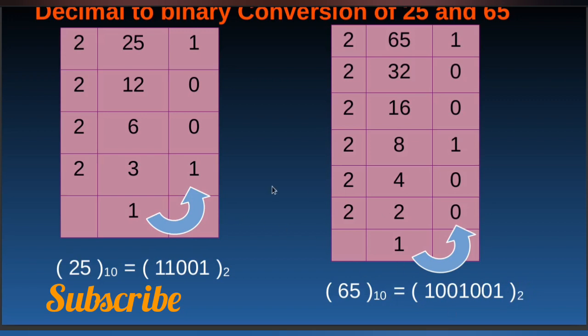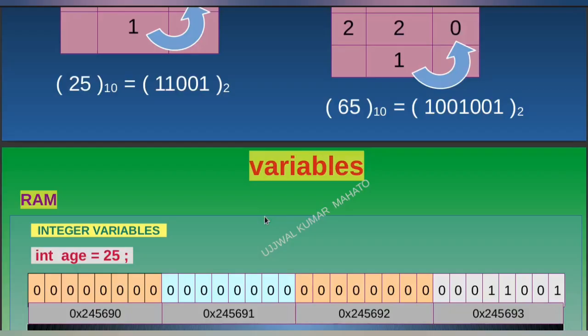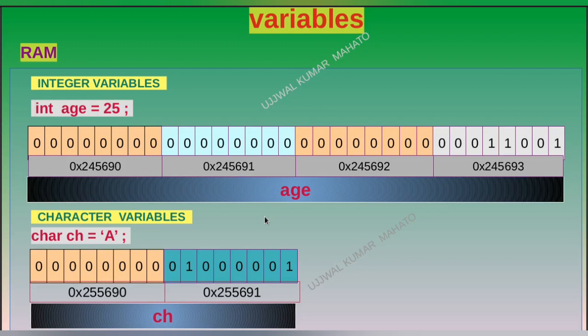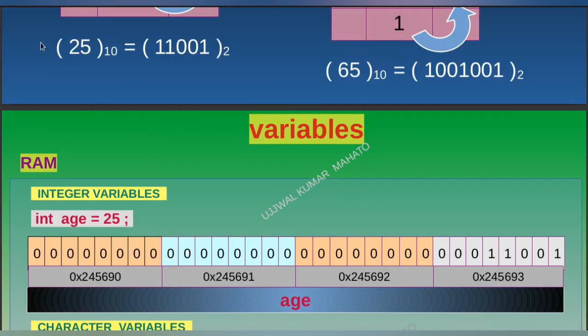Now the decimal value is converted into binary form, and we see how it is stored in the RAM. Now we can see the actual representation of any variable that gets stored inside the RAM. Here you can see our value is 25, and we already converted 25 into binary form, 11001.